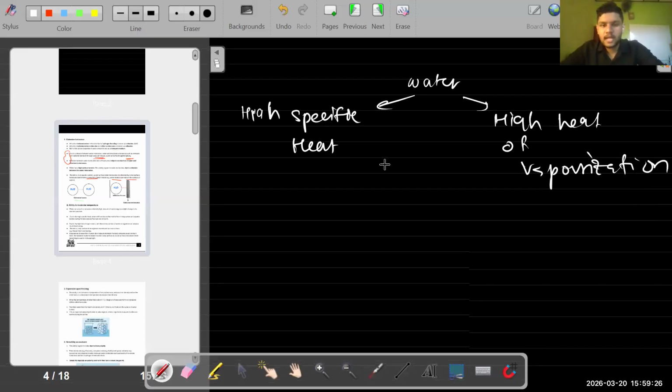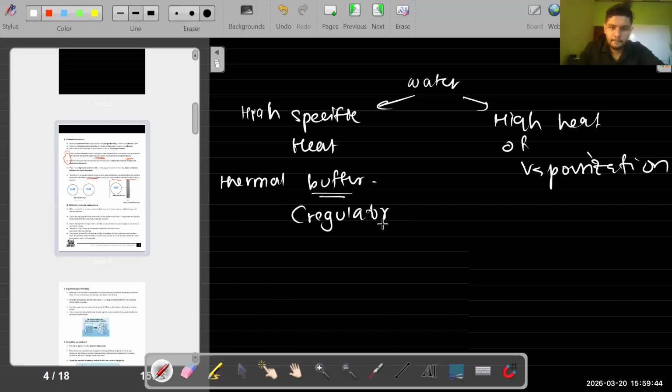Due to this high specific heat, water can act as a thermal buffer. What is the word? It acts as a thermal buffer. Buffer simply means a regulator, so thermal buffer means temperature regulator.